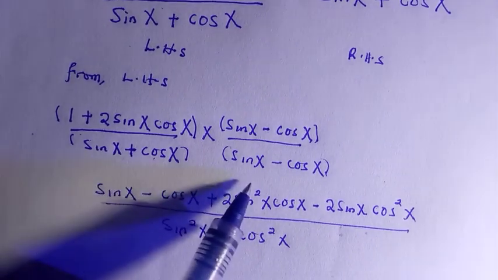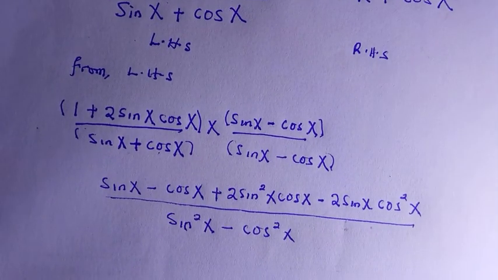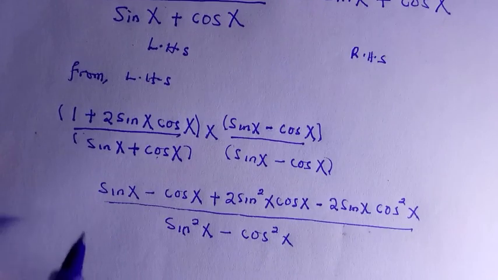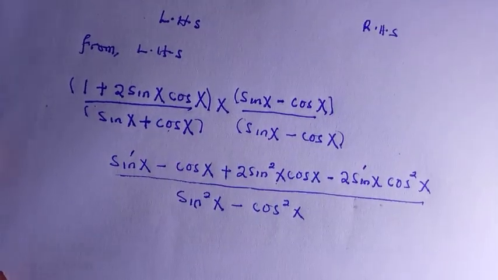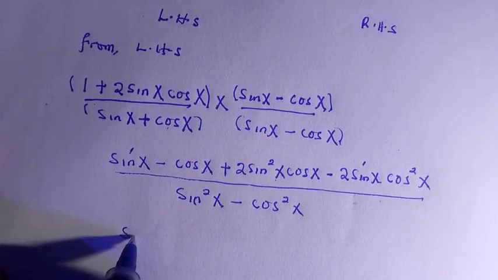At this stage, what I'm going to do is collect like terms, but there are no like terms here. So I'm going to combine sine x and the last term together, while the two middle terms I'm going to combine them.